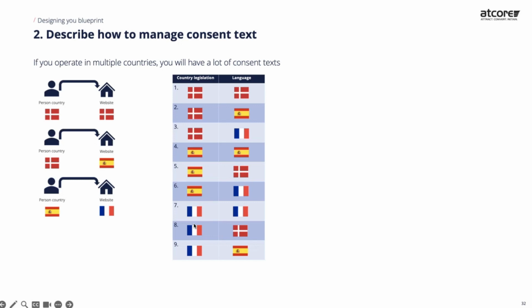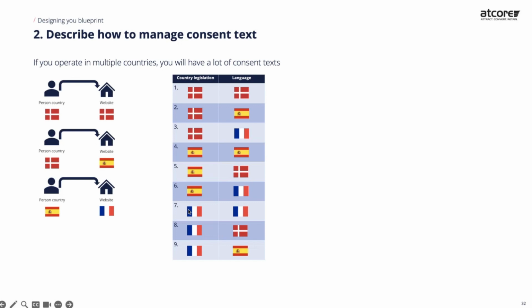I just want to say, it's not a legal requirement to show the consent text in the local language. I believe it's, for lack of a better word, a public service.